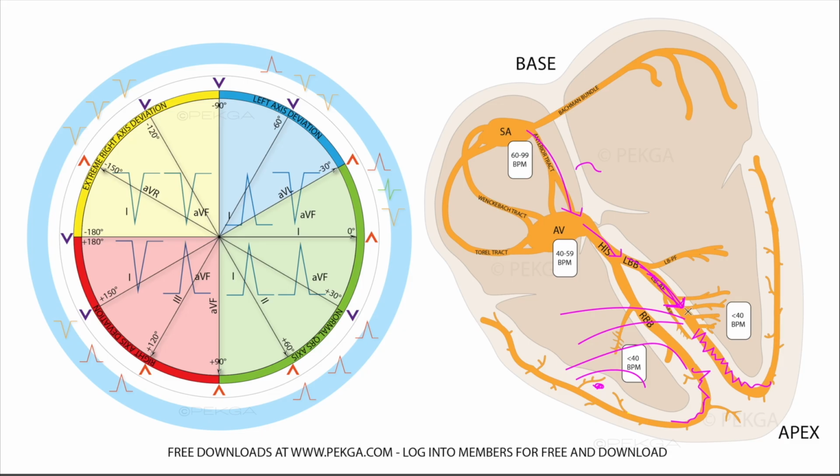It doesn't simply just get blocked and stop. There is a little bit of a delay, if you will. So it's slowly propagating as this tissue is becoming free, or as this tissue is repolarized. It's slowly propagating to it until it can depolarize the ventricles. This is known as concealed conduction.